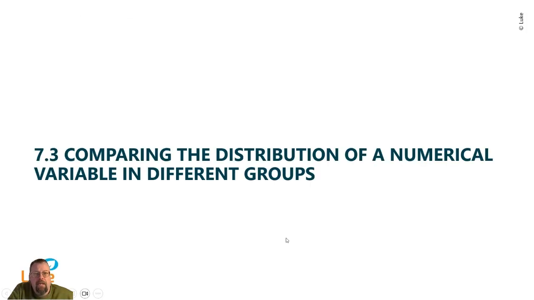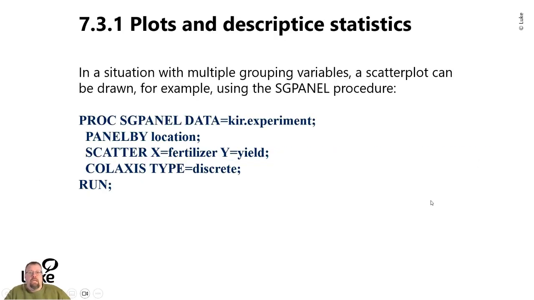Yeah, then we jump into comparing the distribution of a numerical variable in different groups. So basically we are doing much of the same as we did in the previous part 7.2, but we do it in subgroups.